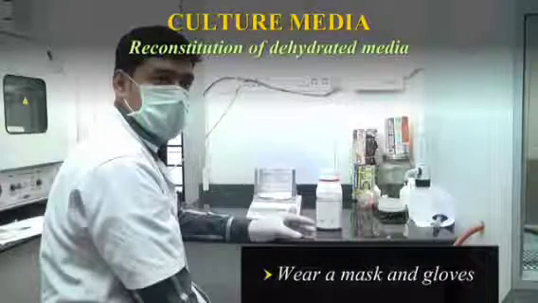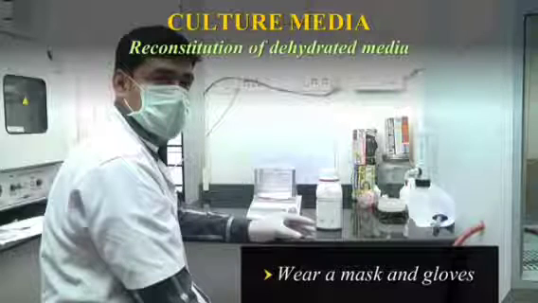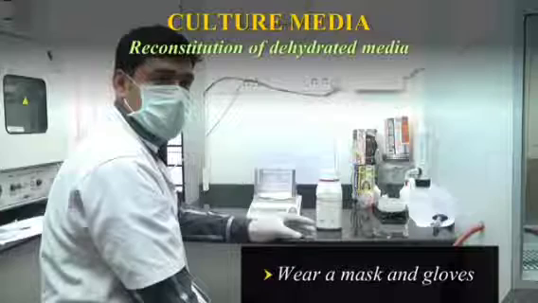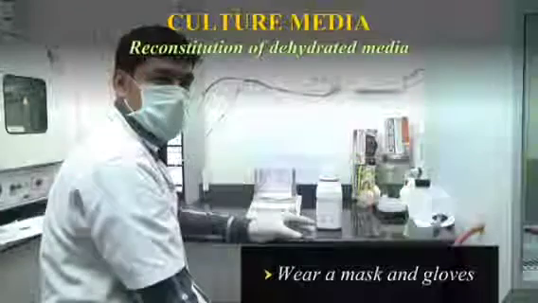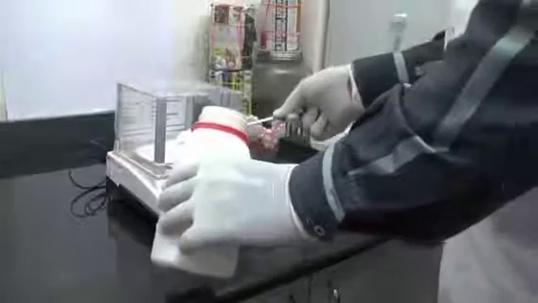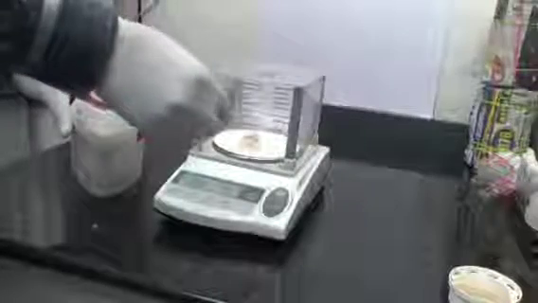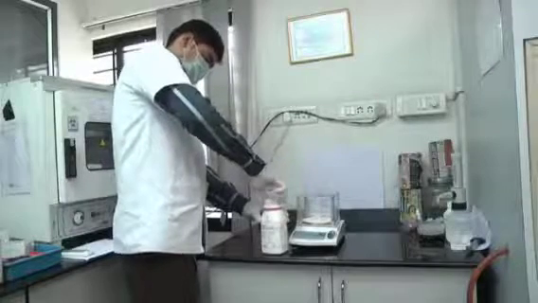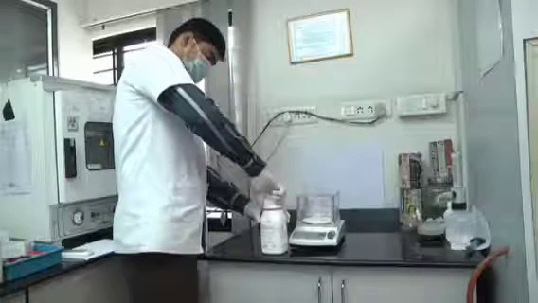Wear a mask and gloves to avoid inhaling the powder and prolonged skin contact. Weigh the powder quickly, accurately, and without creating clouds of dust. Close the container as soon as possible.